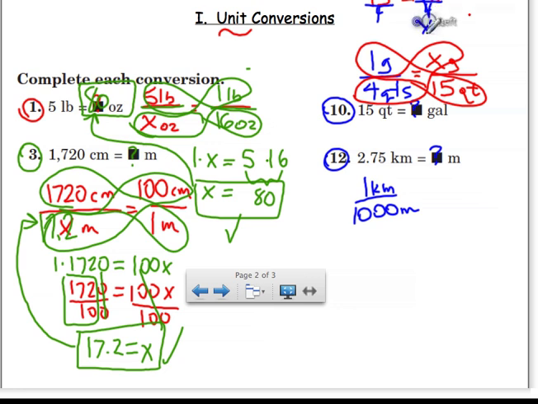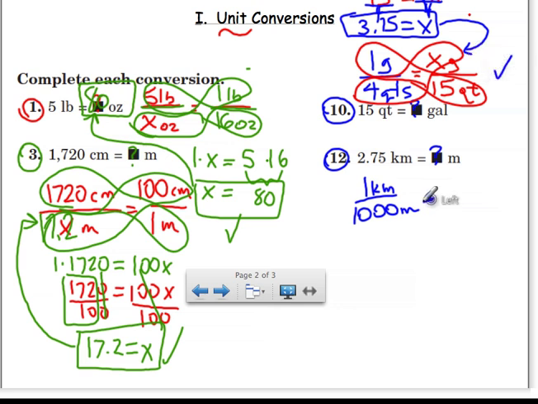When you do that, your coefficients cancel, and x equals 15 divided by 4, which would be 3.75. So your answer should be that if 1 gallon is 4 quarts, that means 15 quarts is the same as 3.75 gallons. A little bit less than 4 gallons. Hope you got that right.